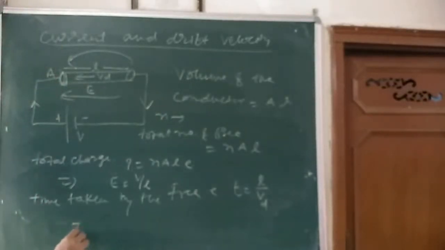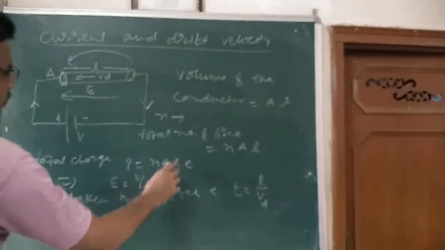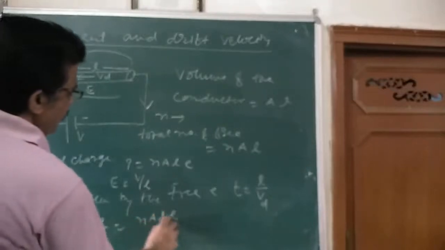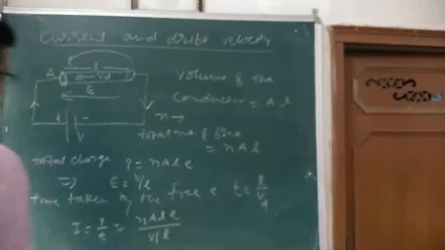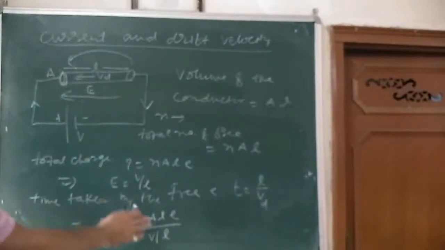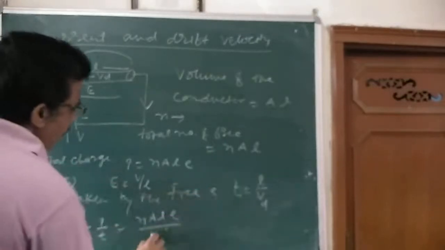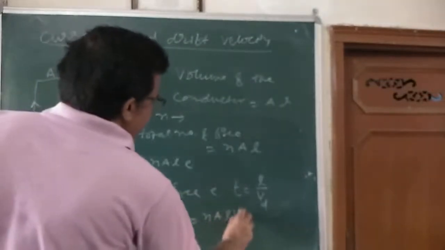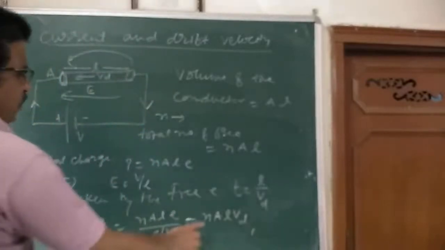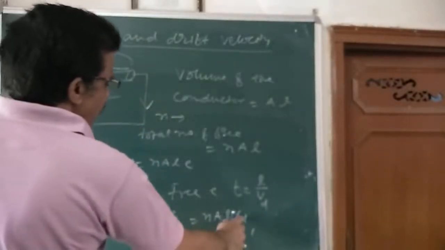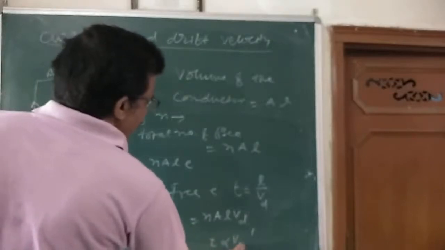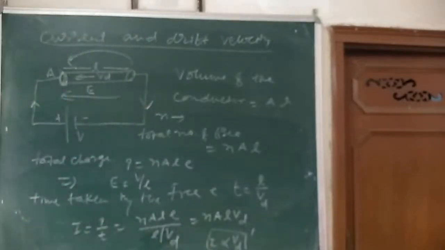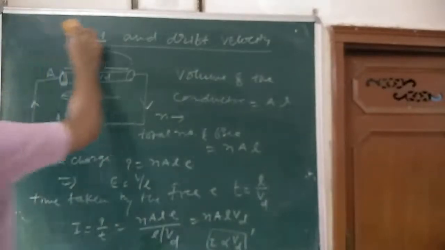So the current here would be I is equal to Q by T. I can write, put the value of Q, N A L into E, divided by, sorry, time की जगह रखिए L by Vd. L से L cancel हो जाएगा, so this is the result here. So you can see here I is equal to N into A into E into Vd. The current is directly proportional to the drift velocity of a conductor.